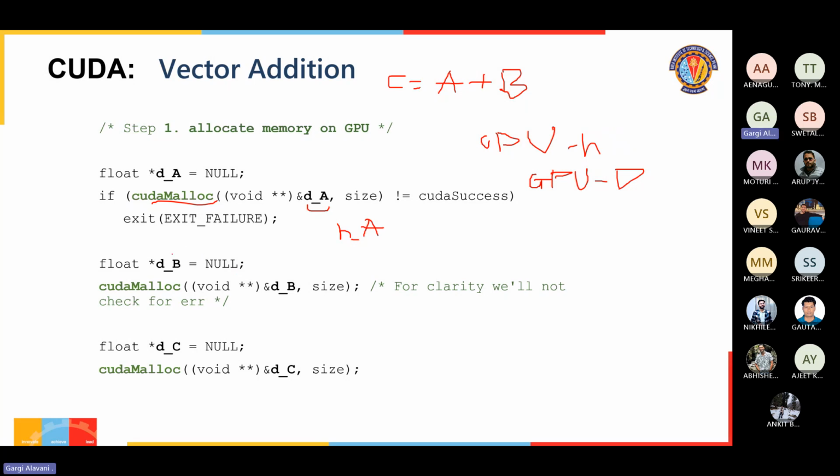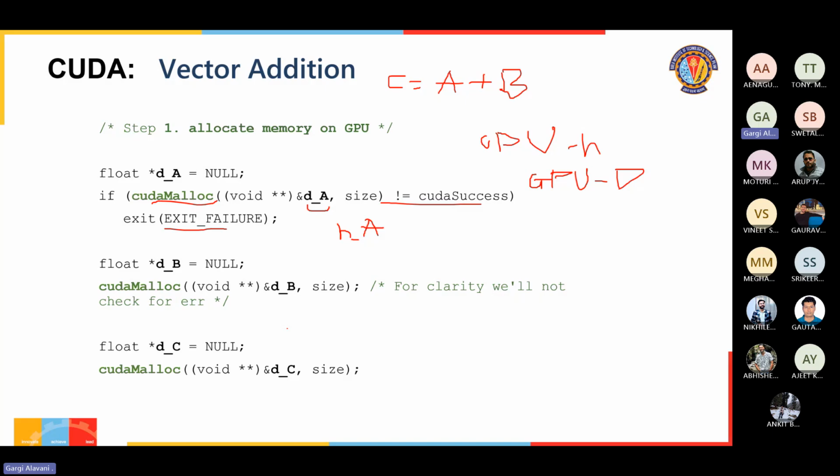So here we are allocating 3 arrays. The first one is A, the second one is B, the third one is C, and we can check if there is an error in terms of memory allocation, and that's where we check if malloc has happened or not. If not, then an error will be thrown that memory was not allocated for such and such reason.